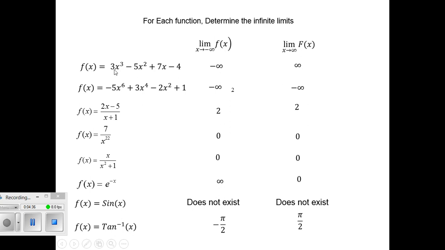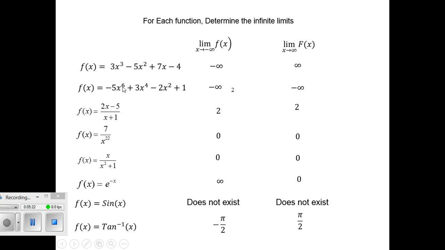You should recall the cubic polynomial function, following the arrow here, would have this kind of behavior: rising on the right, so the limit as you approach positive infinity is infinity; falling on the left, so the limit approaching negative infinity is negative infinity. Again, asking the limit as x approaches infinity, positive or negative, is asking the end behavior question.